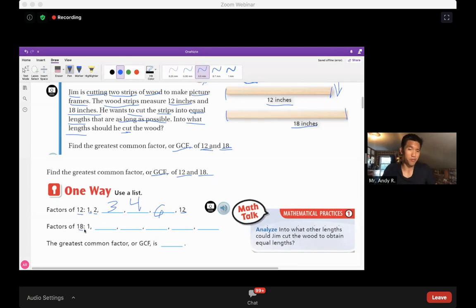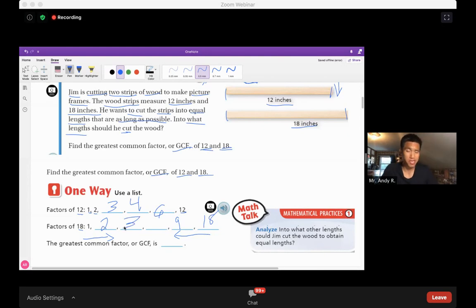What are the factors of 18? 1 and 18. And then 2 and 9. 2 times 9 is 18. You see how this way is going up, but this way is going down? To know if you are done factoring, you just keep going until you hit the middle. So I'm going to go next to 3.